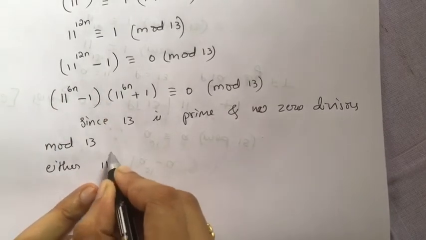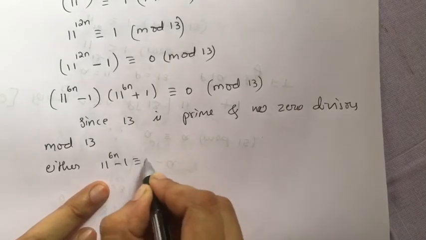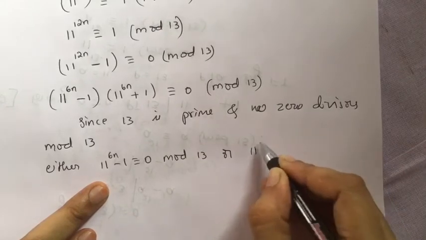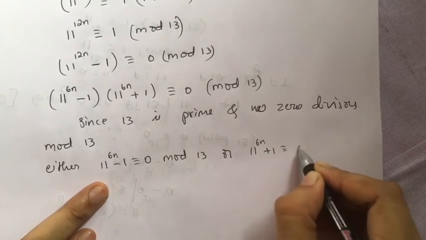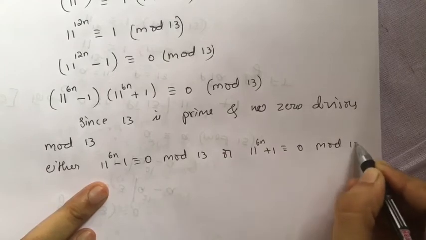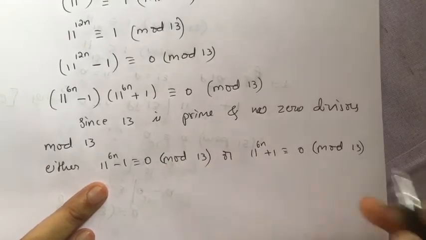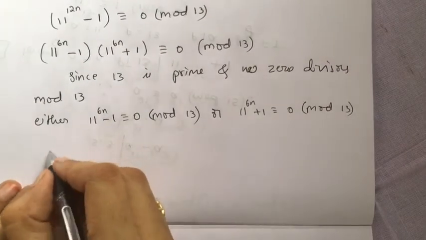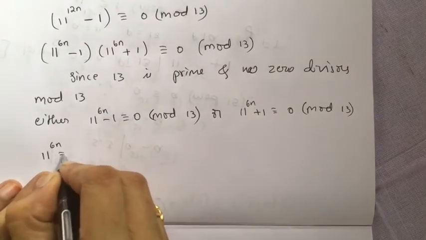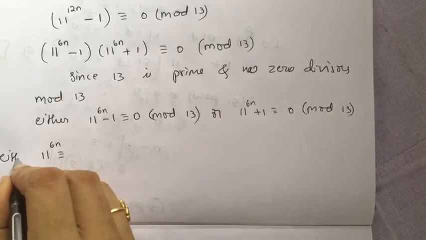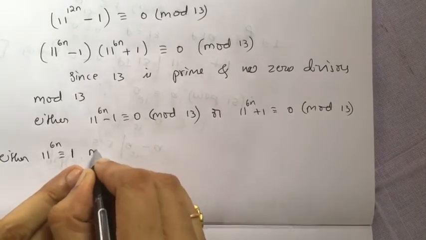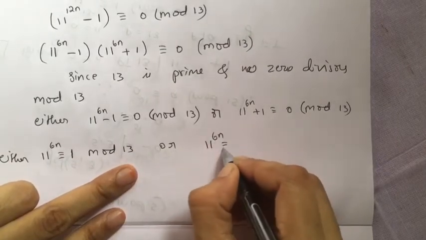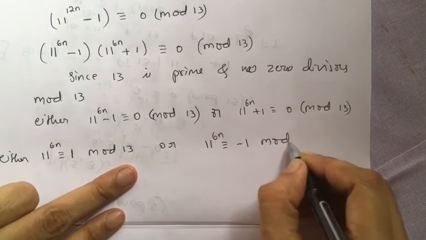Either 11 power 6n minus 1 is congruent to 0 mod 13 or 11 power 6n plus 1 is congruent to 0 mod 13. That is same as writing either 11 power 6n is congruent to 1 mod 13 or 11 power 6n is congruent to minus 1 mod 13.